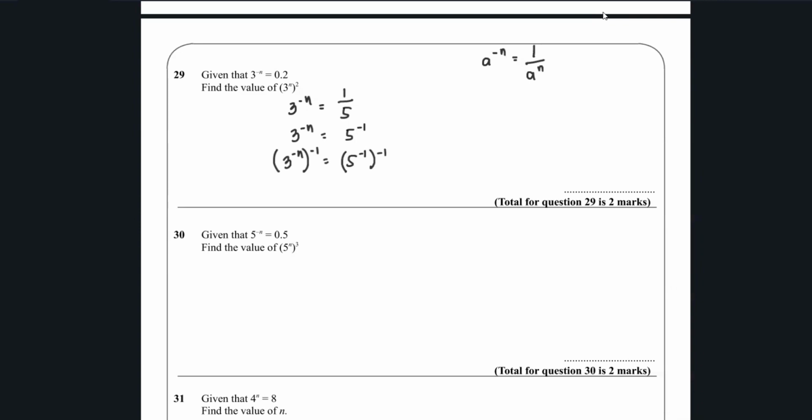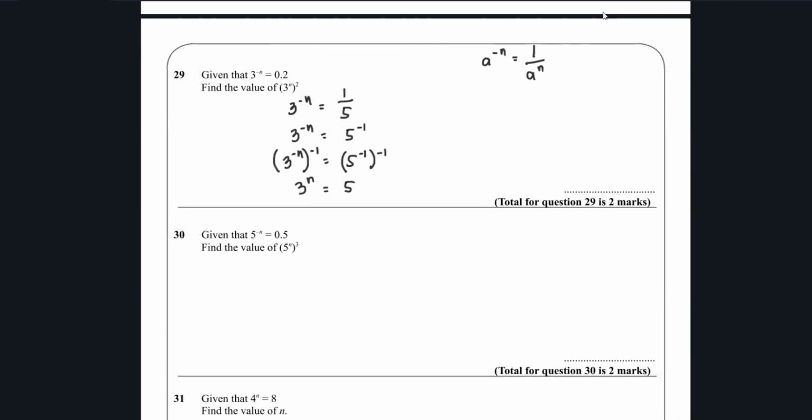Yes, so take a look, what's going to happen in here? Negative 1 times negative 1 becomes now positive n. Okay, and this one right here still becomes a 5. Now it looks simpler and easier.